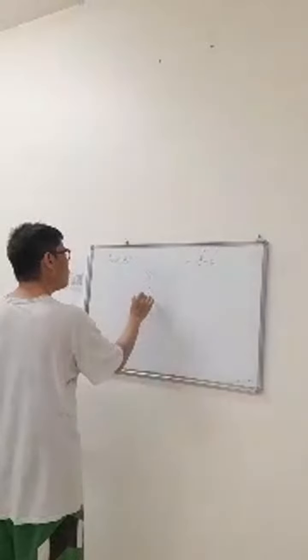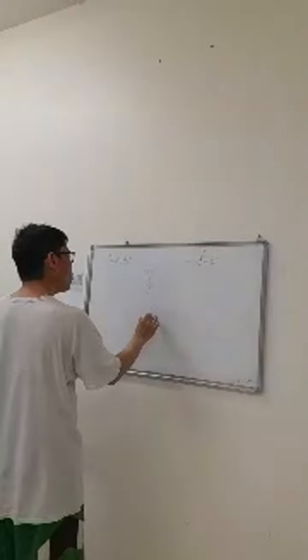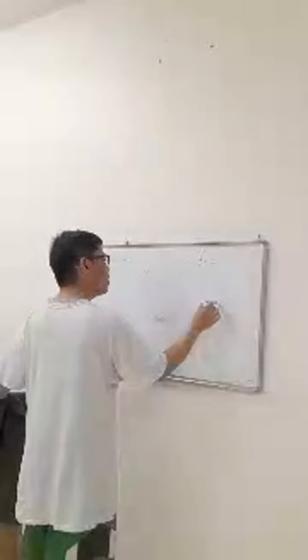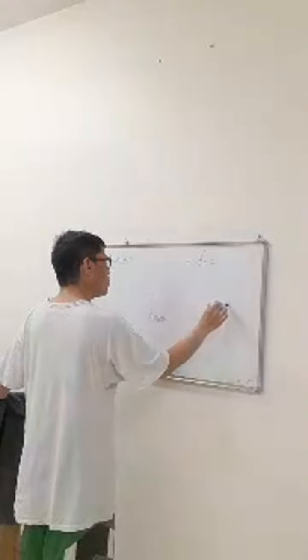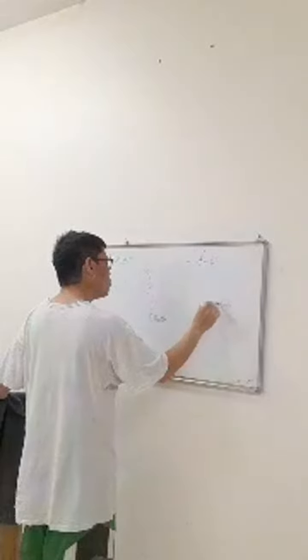1, 2, 3, 4, 5, and this is CH2OH. CH2OH is a single bond carbon with hydrogen, and OH here. No need to break it down. Very easy, right?